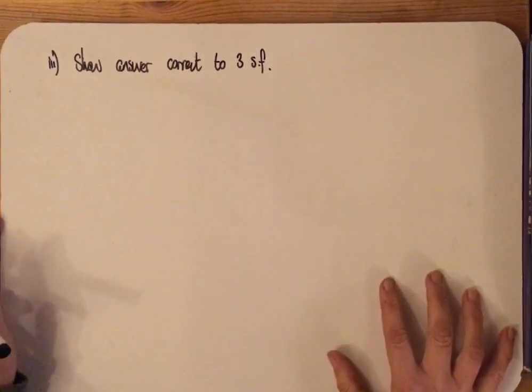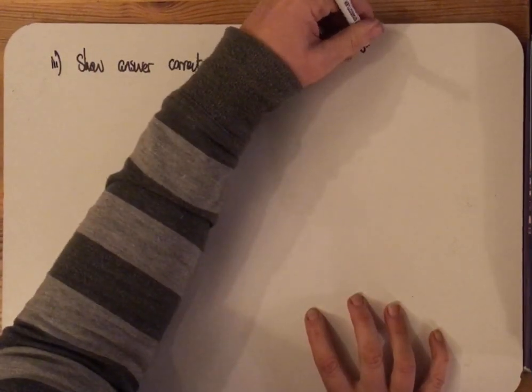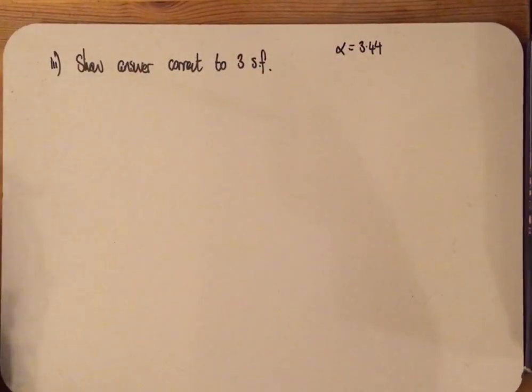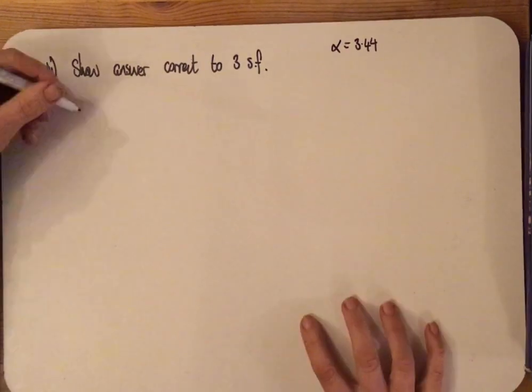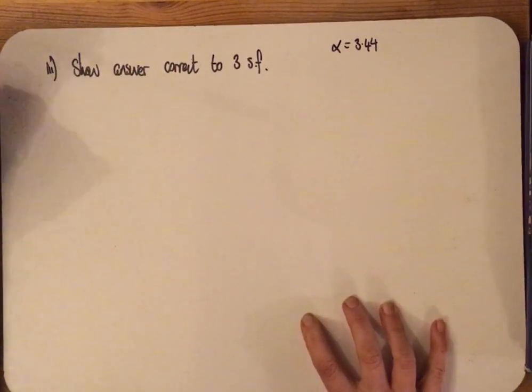So if it's correct to 3 sig fig, then alpha is 3.44. And this, again, is change of sign. So you need to go either side of here and think about what would round to 3.44.